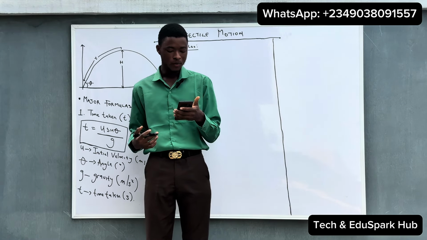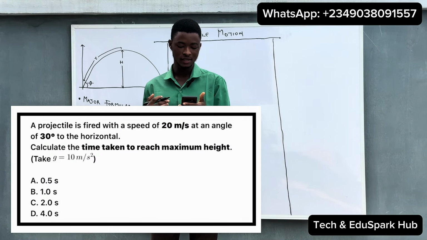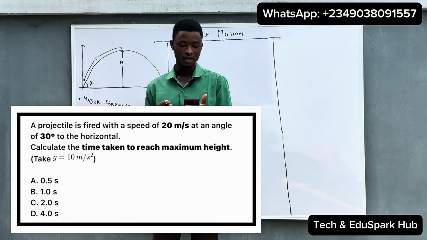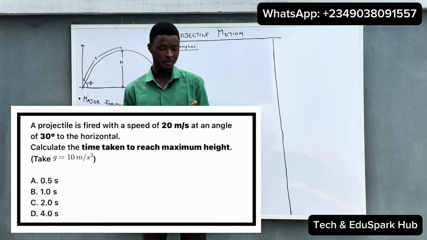The first example, as displayed on the screen, says that a projectile is fired with a speed of 20 meters per second at an angle of 30 degrees to the horizontal. Calculate the time taken to reach the maximum height, and they give us g to be 10 meters per second squared. So from this, let's write our given parameters.